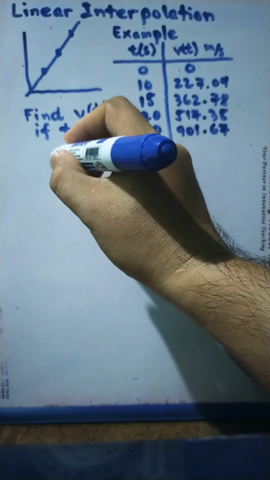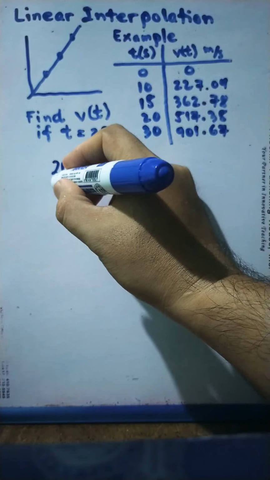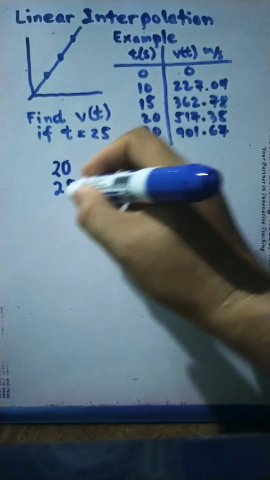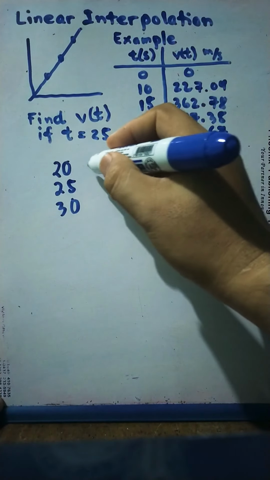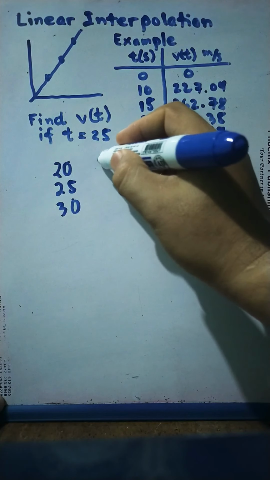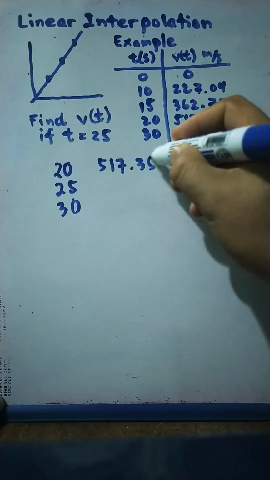So we have 20, and then 25 which will be at the mid, and then 30. The equivalent velocity of 20 is 517.35.